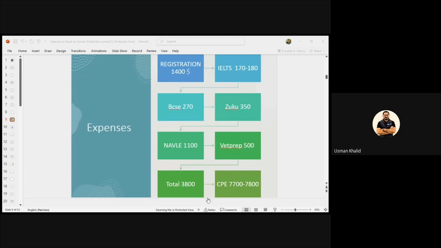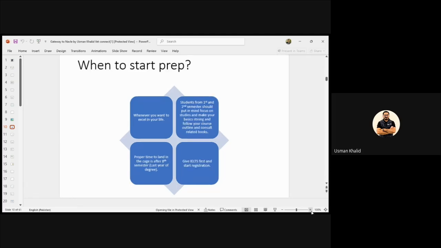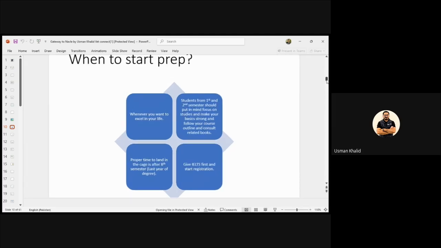So I will say the people here are from different semesters. So the next question is when to start the prep. Basically, you can start your prep whenever you want to excel in your life, and whenever you really want to learn something and practice, because I have examples from Pakistan and from India as well, and from many countries.